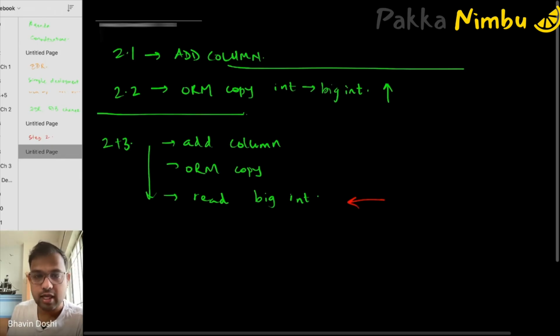So that's fine. And then this rollback we have figured out. So you stop copying and then you delete the column. So this is safe to roll back. How do you roll back with 2 plus 3 plus 4?